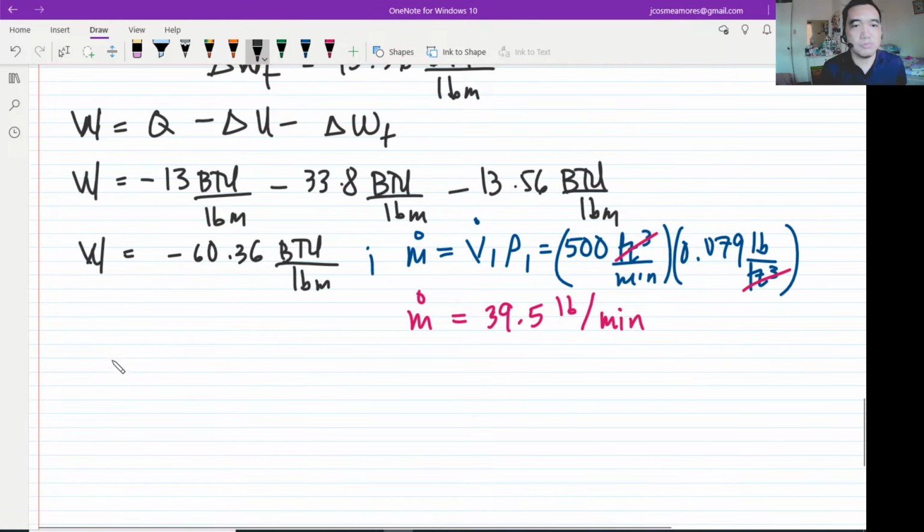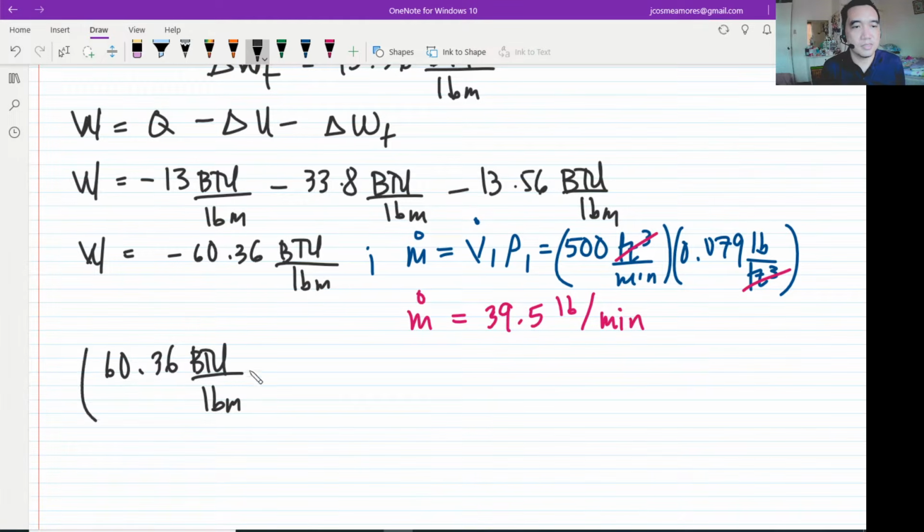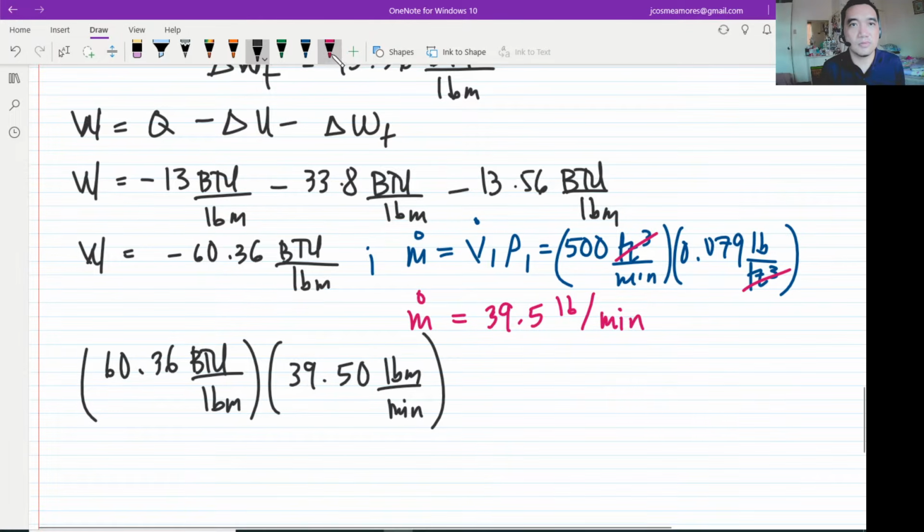As I've told you, we compute for the work in BTU per minute. So we have 60.36 BTU per pound mass. We multiply by our mass flow rate, 39.5 pounds per minute. So pound mass here cancels out, and the unit will now be in BTU per minute.